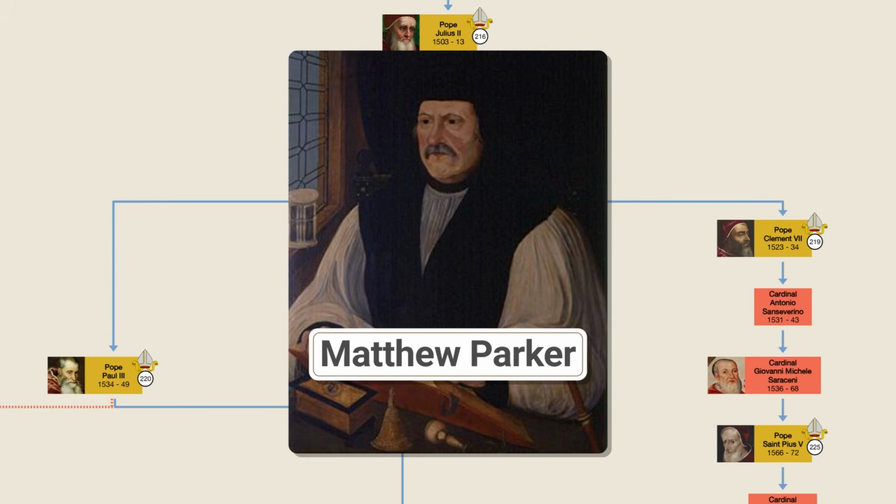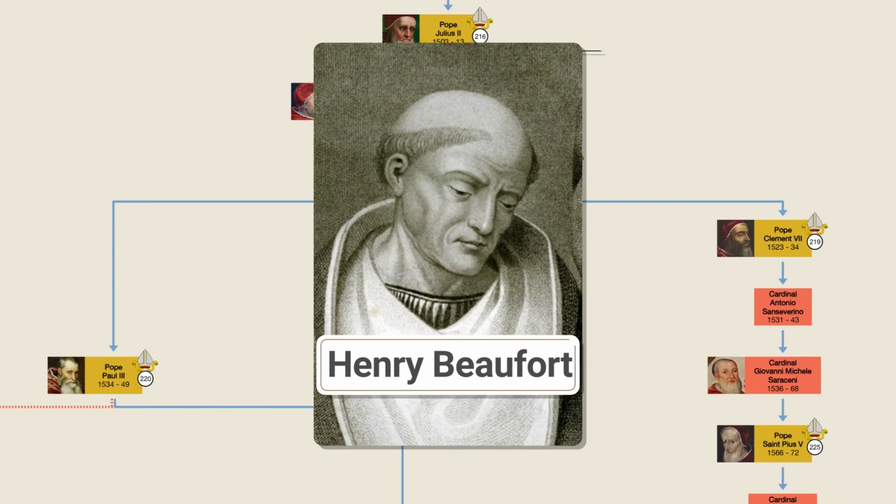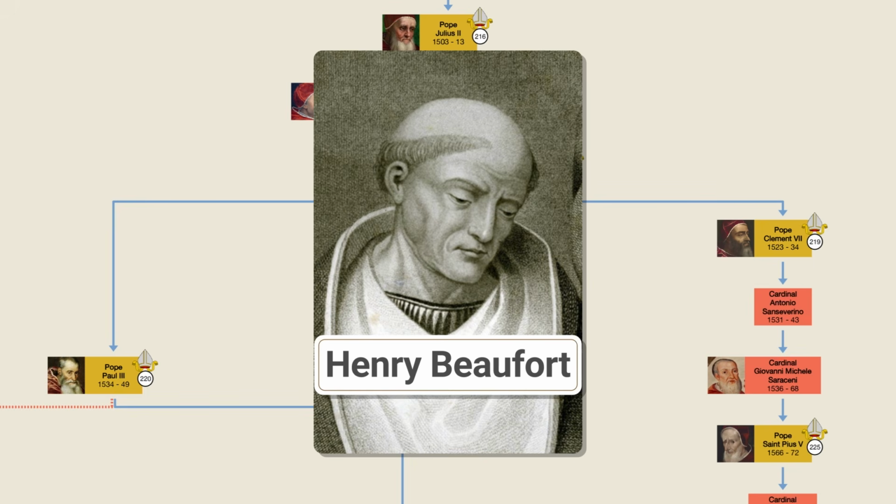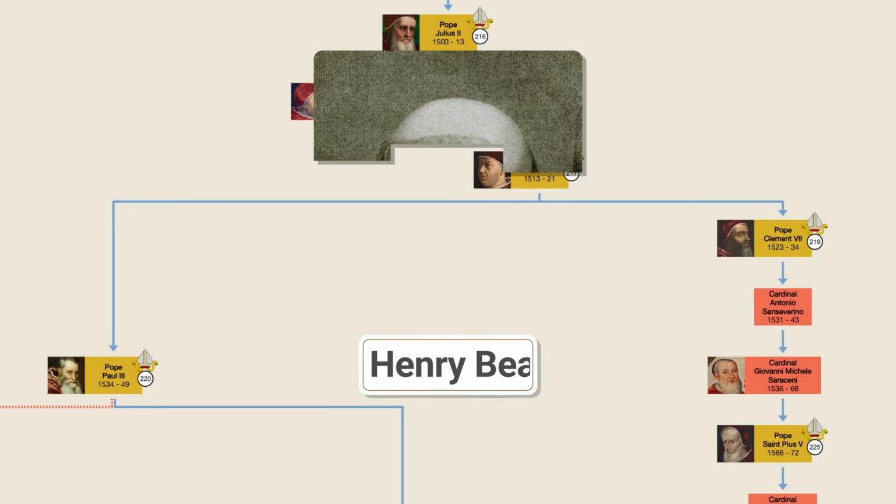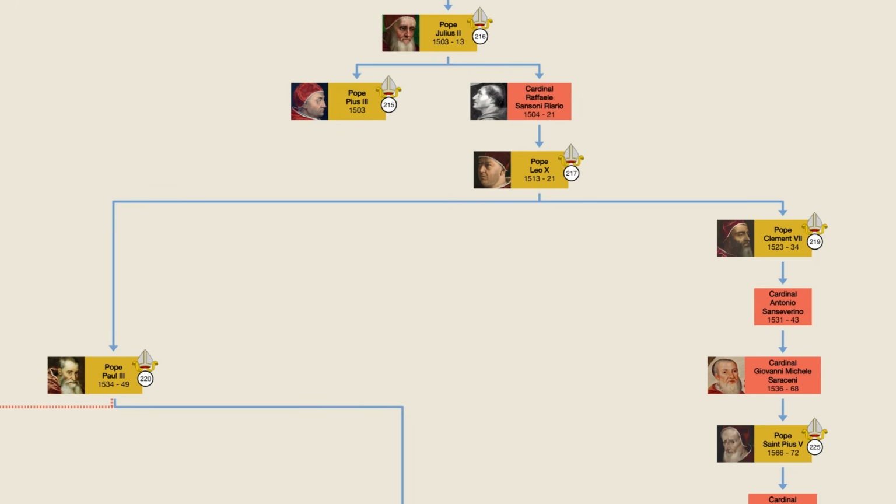However, we can in turn trace Matthew Parker's line back to Cardinal Henry Beaufort, who became a bishop in 1398, although there is some debate over whether or not Matthew Parker was consecrated properly. So, as far as I know, 1398 is as far back as anyone can go when it comes to episcopal genealogy.